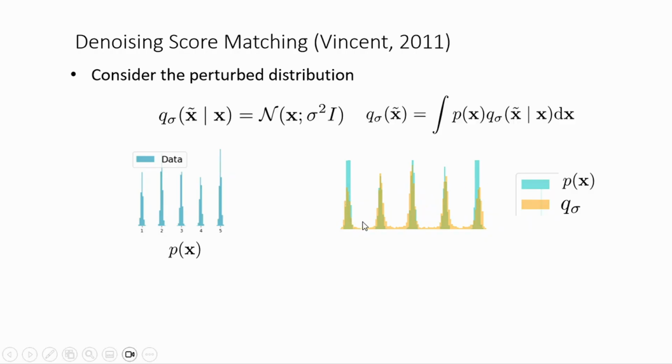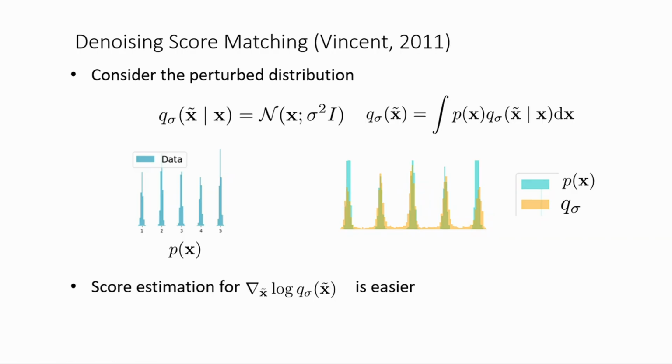It's like the yellow distribution here. If we give up on exactly estimating the score on just the data points and instead take a noised version of the data, it turns out that estimating the score on this noisier distribution is easier. By easier, I mean we don't need to compute the Jacobian anymore.